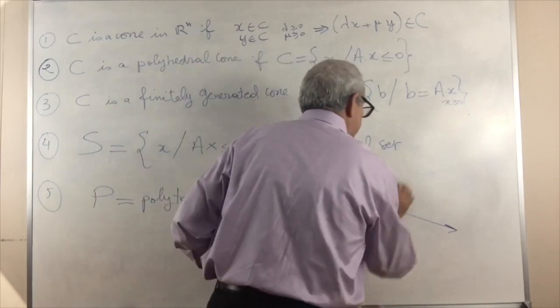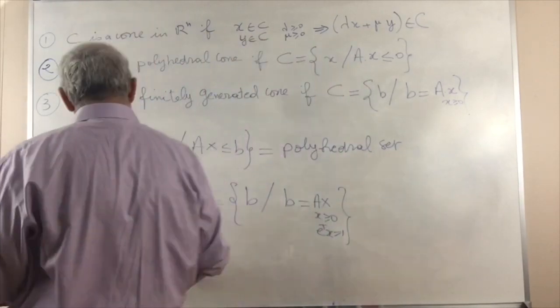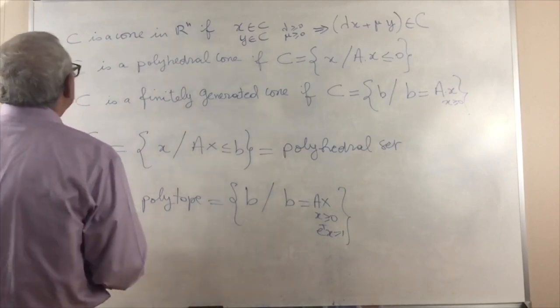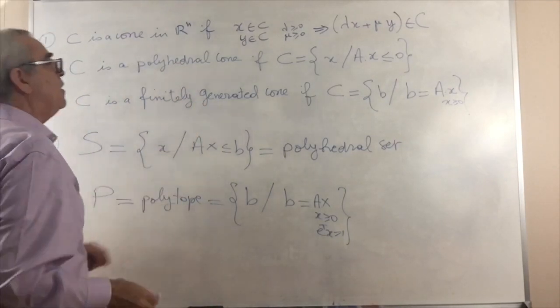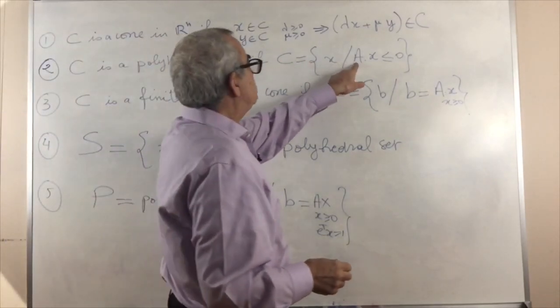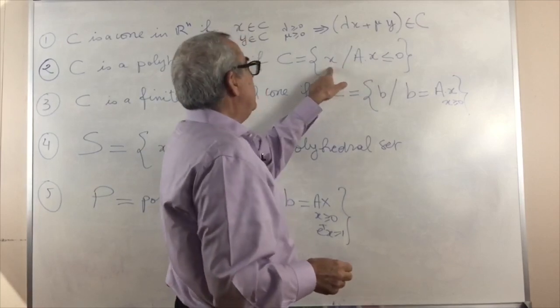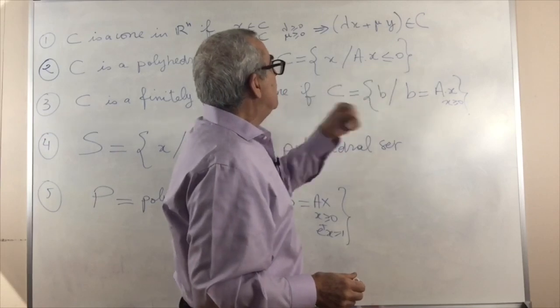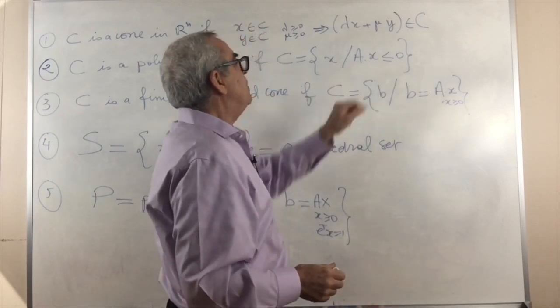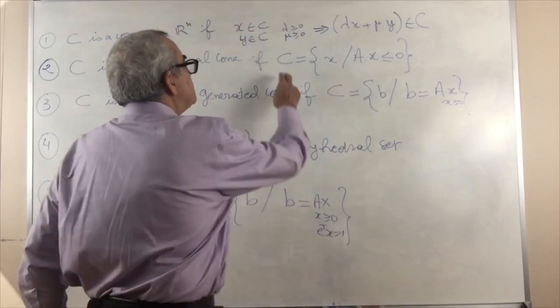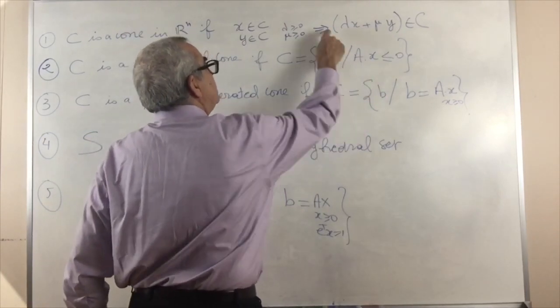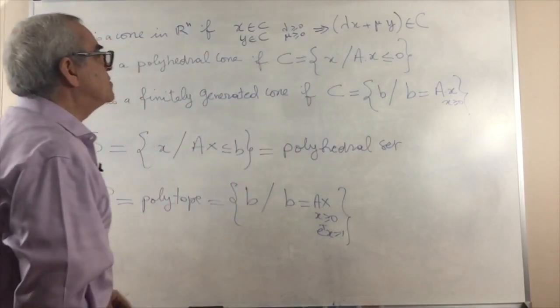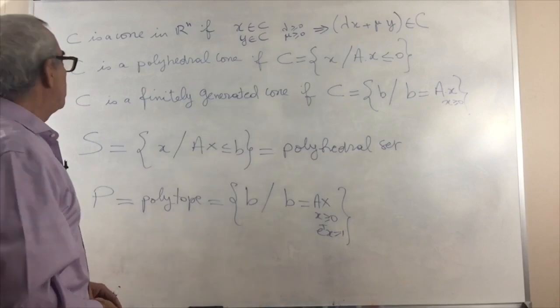Now the second definition is a polyhedral cone. So C is a polyhedral cone if C is defined by a matrix A, as the set of all x such that A dot x less or equal to 0. So this is a homogeneous linear inequality. Obviously, this definition verifies trivially the definition of a cone.